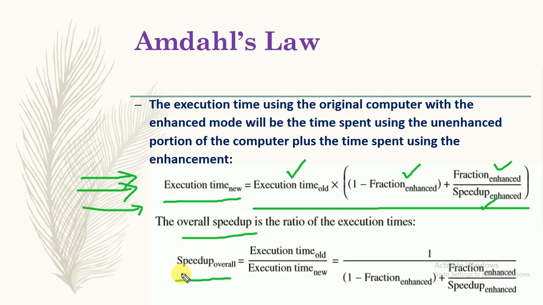The overall speed up can be evaluated as execution time of old to the execution time of new, which is equivalent to 1 divided by 1 minus fraction enhanced plus fraction enhanced divided by speed up enhanced.